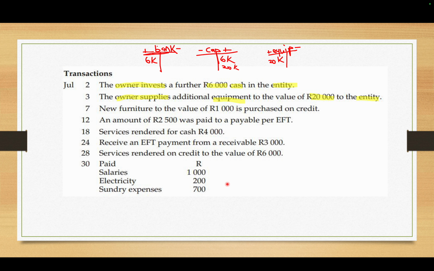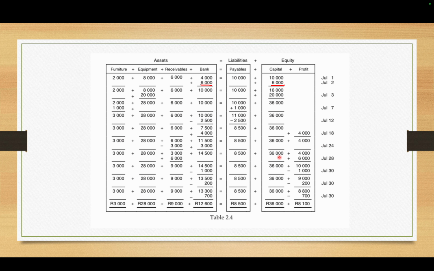We are still yet to receive it, so that is to be considered as a receivable. UJ is going to be one of our receivables because we rendered a service on credit. So that's gonna increase our income by 6,000 and increase our receivables by 6,000. So here we go with receivables plus 6,000, and then under profit, under equity, which is income, it would increase by 6,000. There you go.